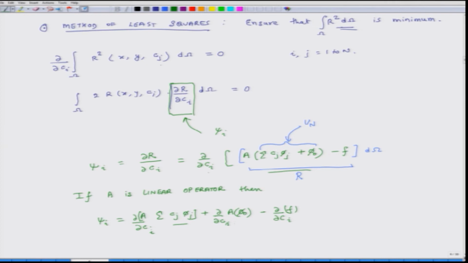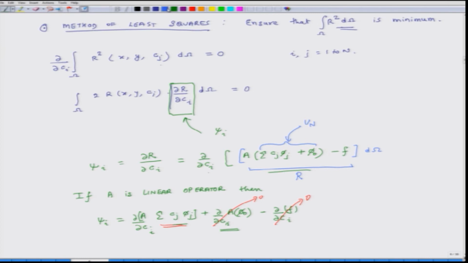Now, this part does not depend on C at all, right, it only depends on phi naught. So, this is 0, this is also 0. So, the only thing which depends on C's is this thing, right.